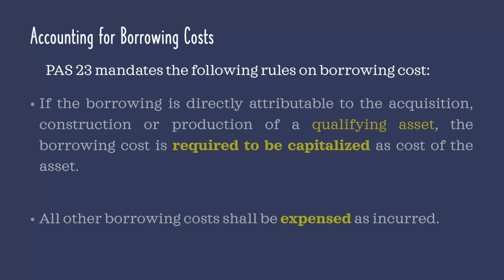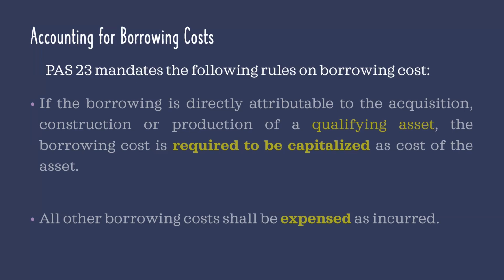The second bullet is actually what we're doing, right? Because when we incur interest in relation to borrowing, we usually expense that outright. So when you incur it, we expense it immediately. But then, there is one provision in PAS 23 that states that there are borrowing costs that should be capitalized.